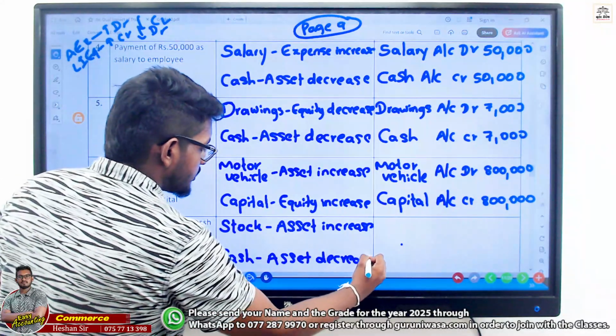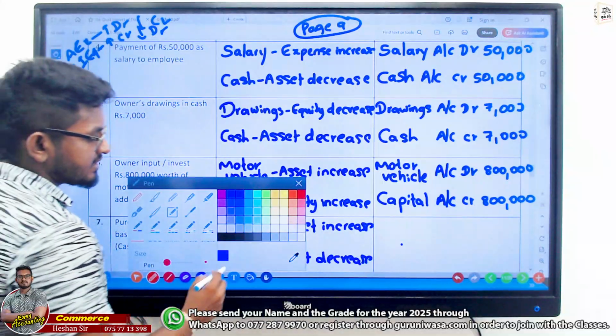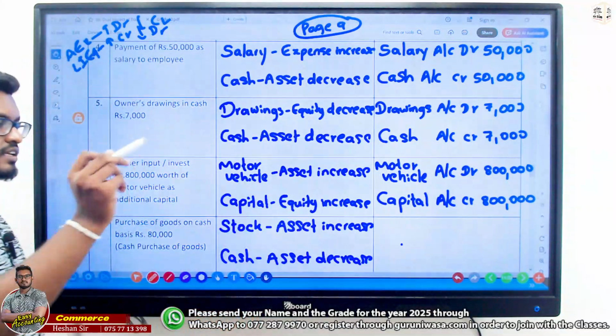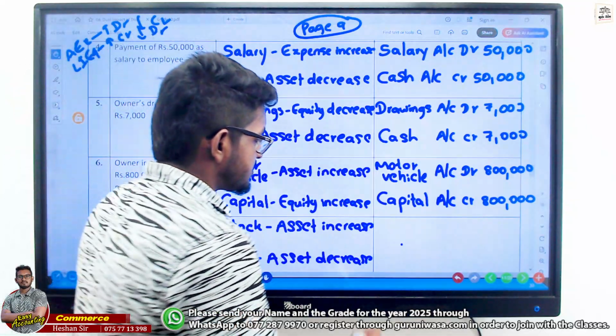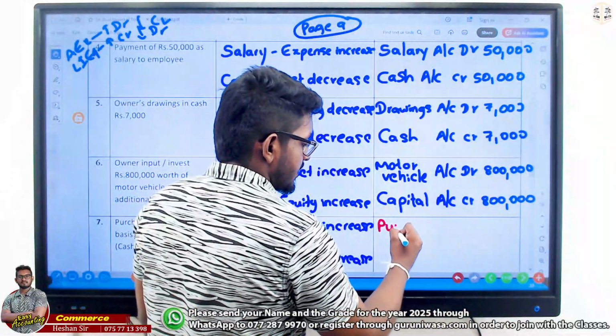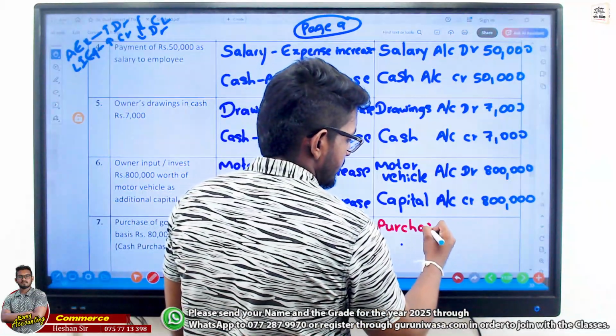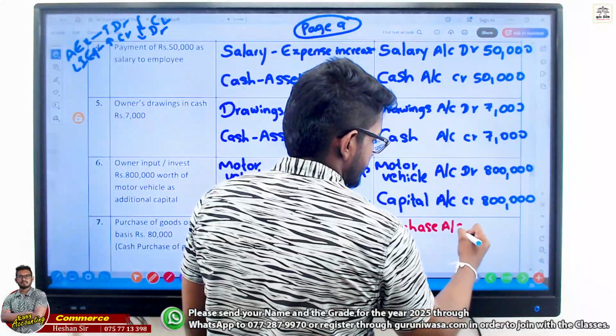But I told you, when it comes to the accounting equation, in another color pen you can write purchase account debit. Why? In a double entry, purchase account debit.